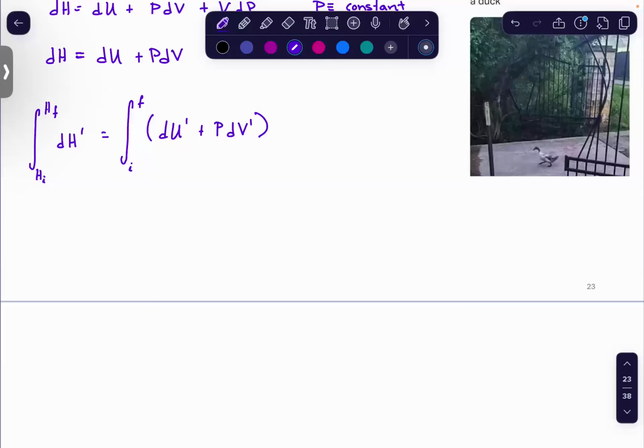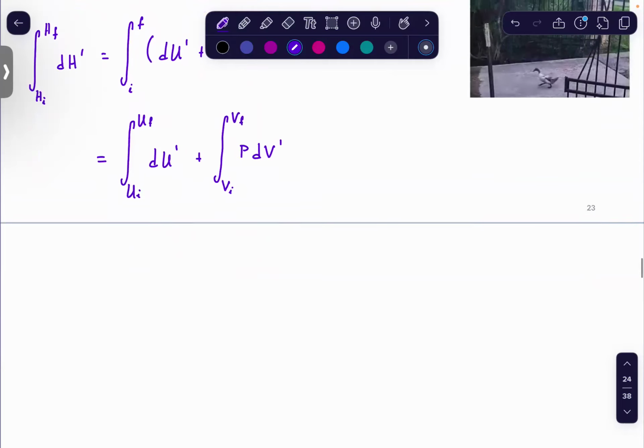The way integrals work is now compute, and this is going to be initial energy, final energy for dU plus initial volume, final volume for P dV. You're always going to have some kind of equation and then a differential that matches one of the variables in your equation. That variable is the one you're integrating over.